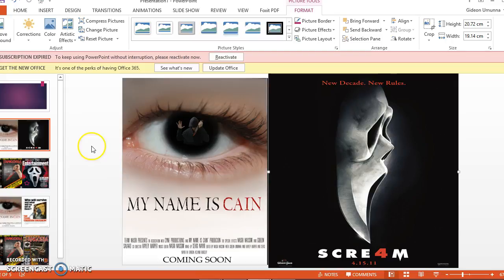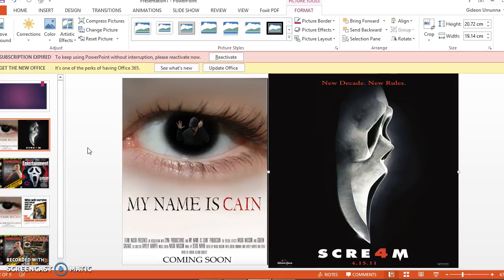There are some comparisons, but there are a lot of differences between these film posters. One of the comparisons is that if you look closely at my film poster, there's an image within the eye, and the eye shows him holding a knife, which is obviously the object that our main character uses to kill with.